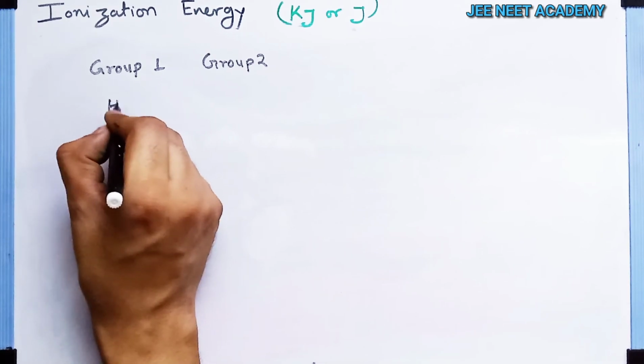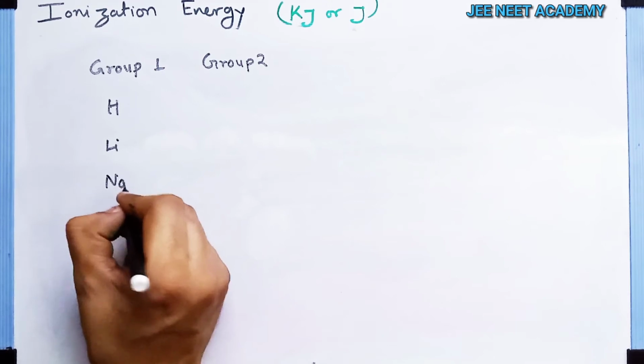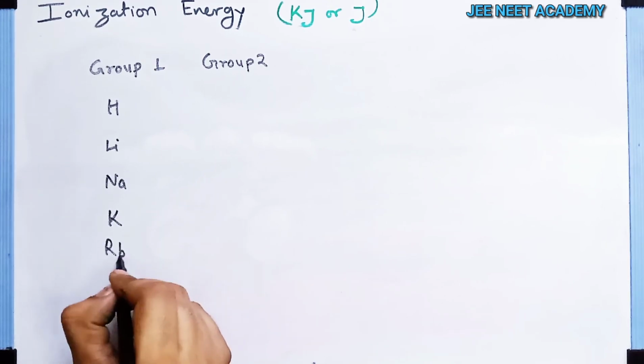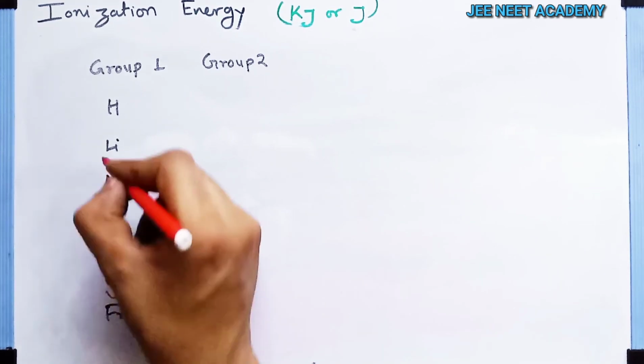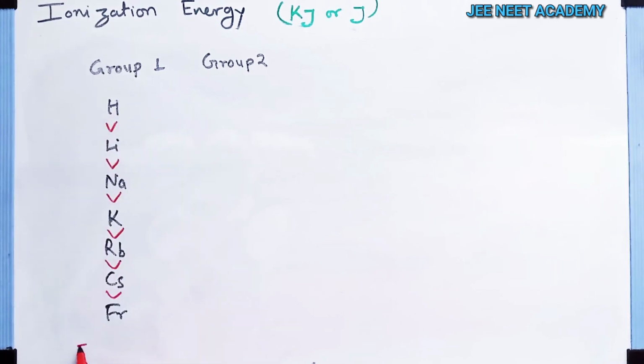Group 1 elements: hydrogen, lithium, sodium, potassium, rubidium, cesium, francium. From top to bottom, size is increasing, so the ionization energy will decrease. This is the least, and the order will be in this way.